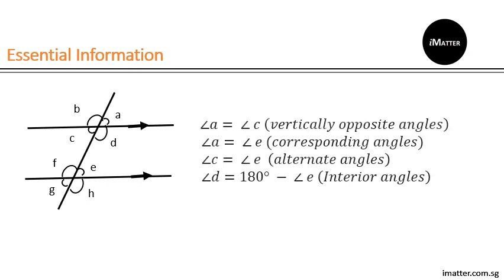Do note that these four pairs of reasoning only occur when there is a pair of parallel sides denoted by a pair of arrows.